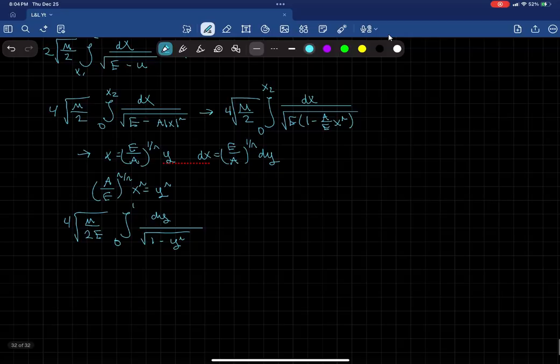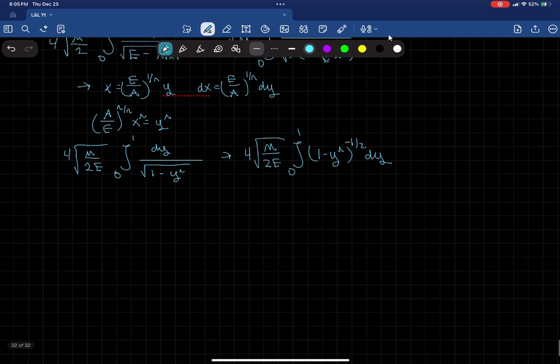From here, I'm going to write it as 4 times the square root of m over 2E times the integral from 0 to 1 of 1 minus y to the n to the minus 1/2 power dy.